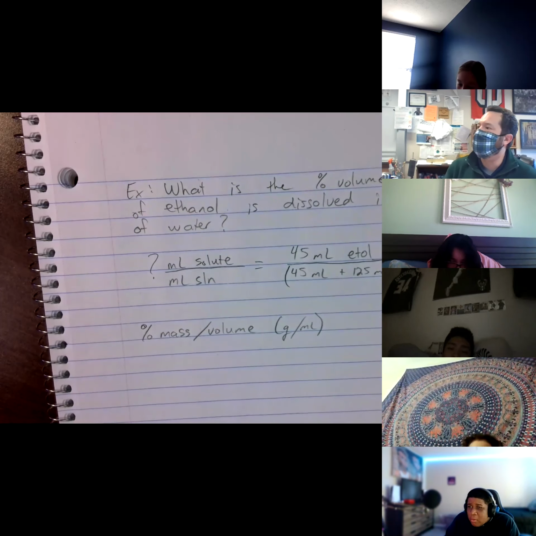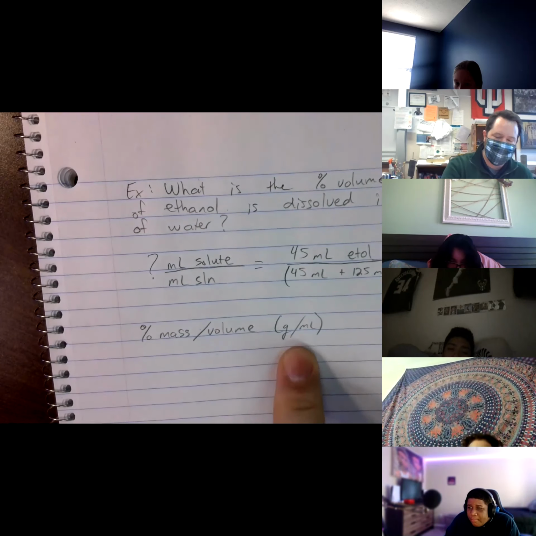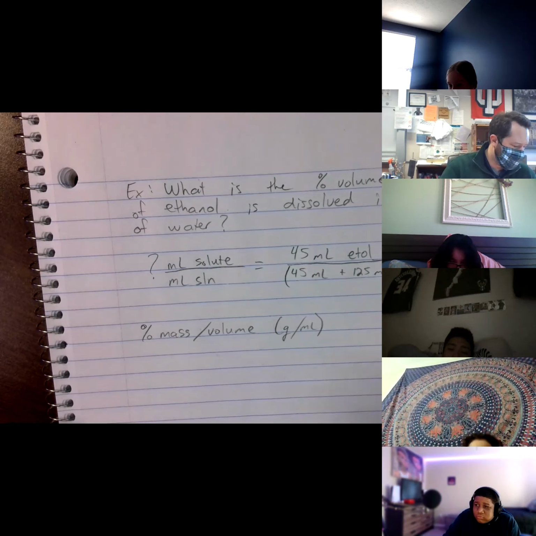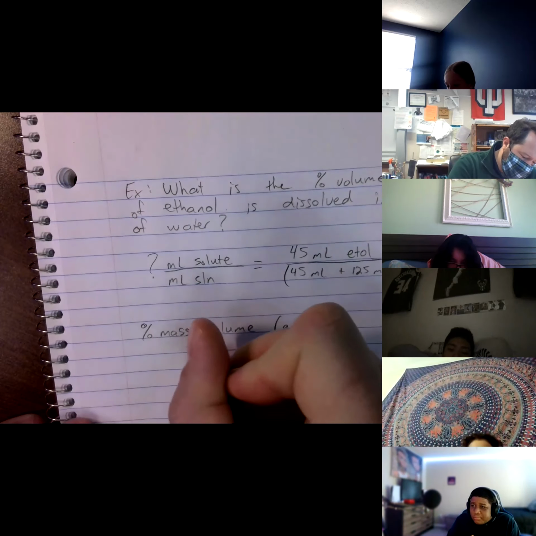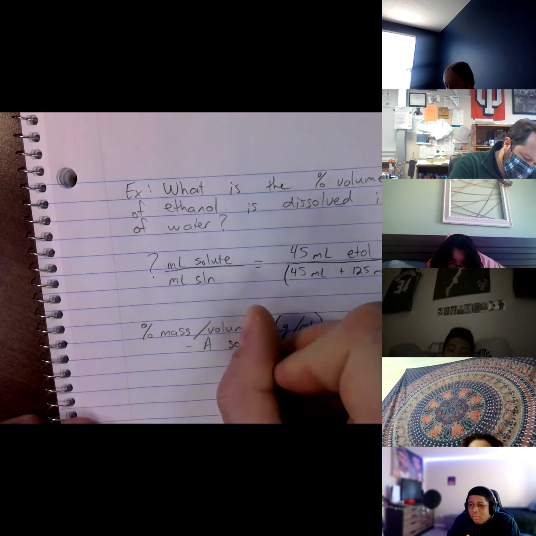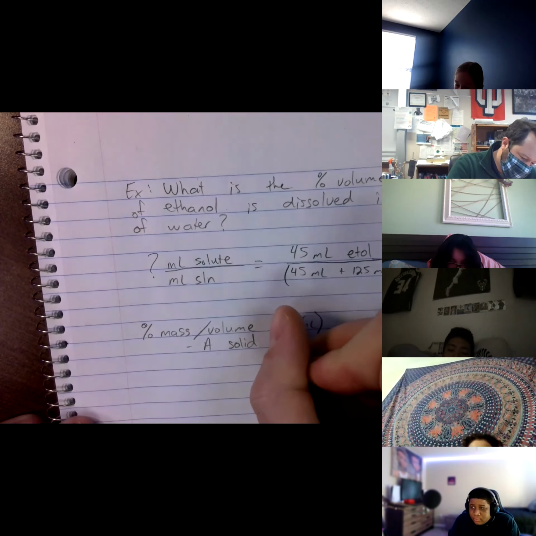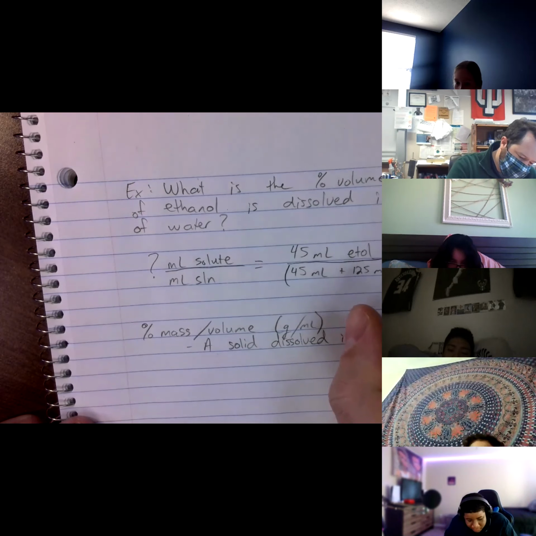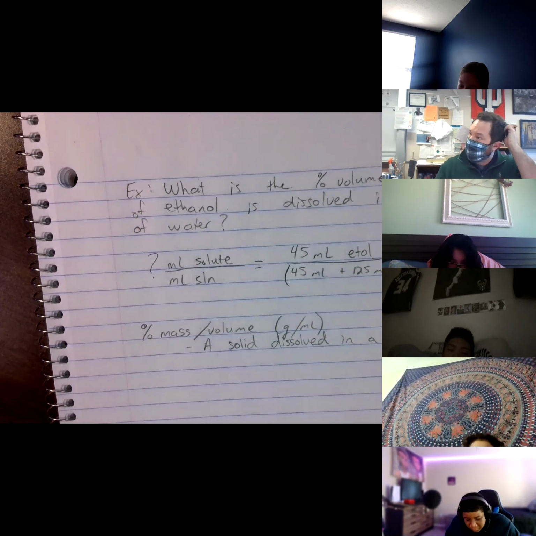Mass to volume, which is measured in grams per milliliters. Usually have this when you have a solid dissolved in a liquid.